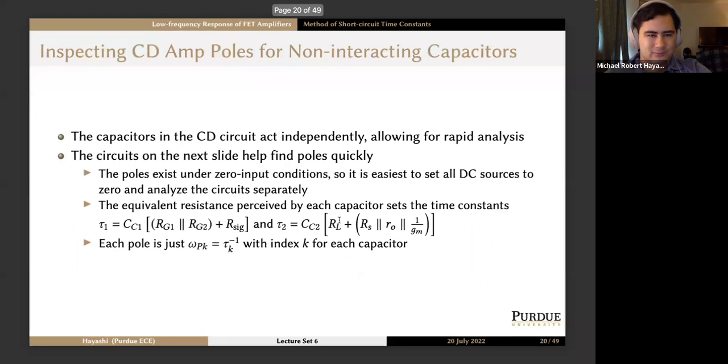So we can go ahead. The circuit capacitors on the CD circuit act independently, allowing for rapid analysis. The circuits on the next slide will help find the poles quickly. Poles exist under zero input conditions, so we set all DC sources to zero and analyze the circuit separately. Actually, it says DC sources.